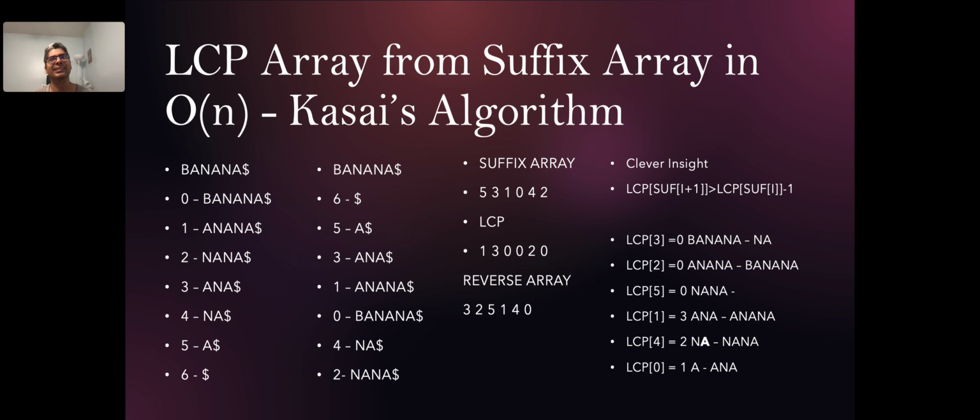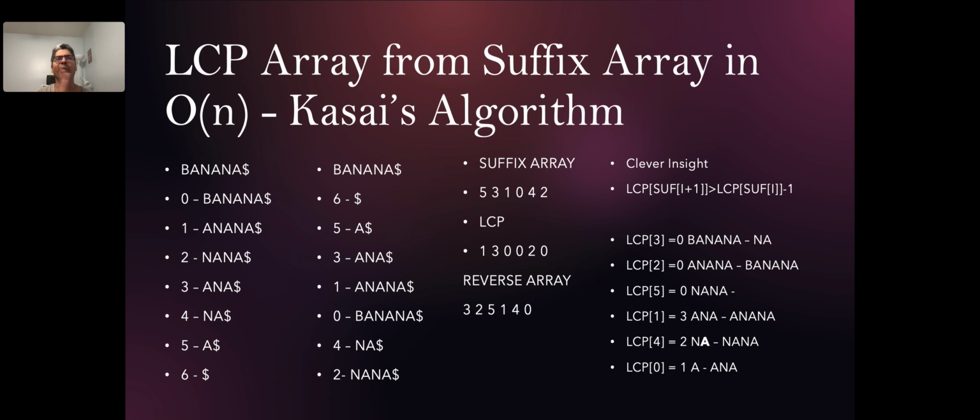But the clever insight is that if you compute the LCP array in the order of the suffix itself, starting from 0 until 6, then you go through the array only once.